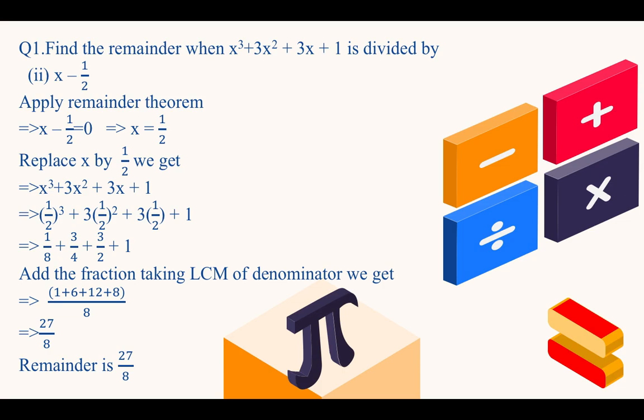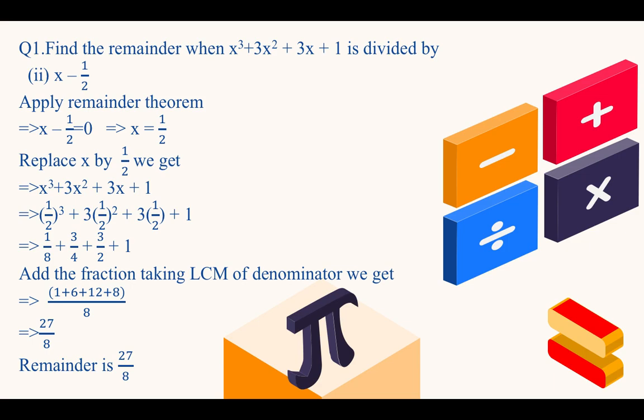Now 2 cube is 8, so I am writing this as 1 by 8. 3 multiplied by 1 by 2 whole square. So 2 square is 4. So it comes out to be 3 by 4. Plus 3 multiplied by 1 by 2. So it is 3 by 2 plus 1.